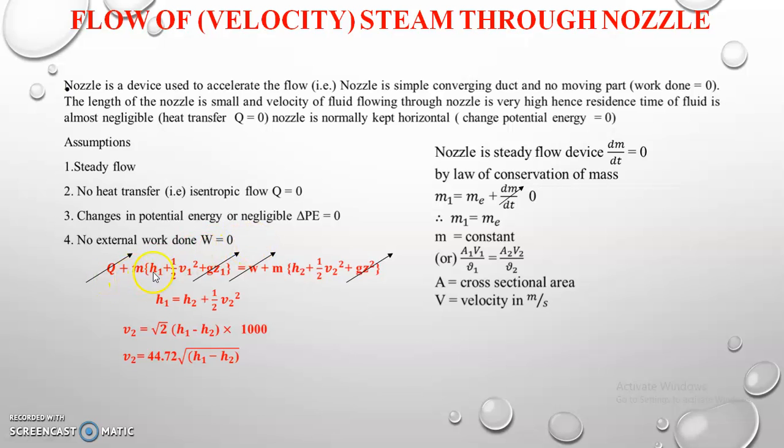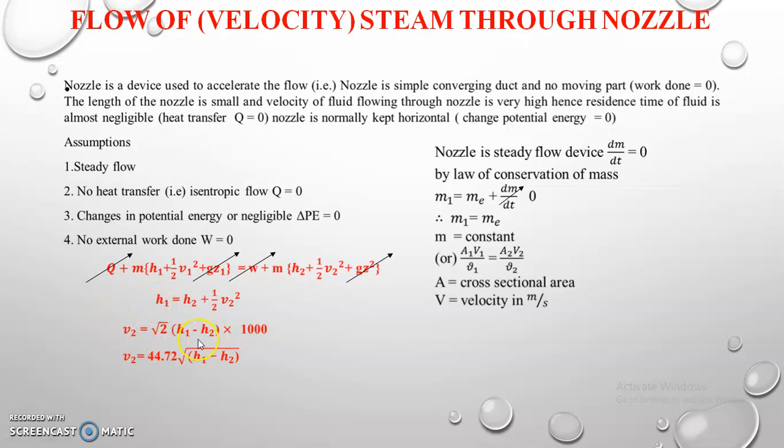Based upon the steady flow energy equation and the law of conservation of mass: Q plus m into (h1 plus 1/2 V1 square plus g Z1) equals W plus m into (h2 plus 1/2 V2 square plus g Z2). Since potential energy, work done and heat transfer are negligible, finally we get the enthalpy h1 equal to h2 plus 1/2 V2 square.